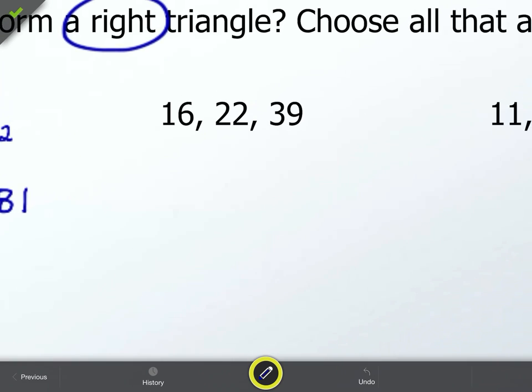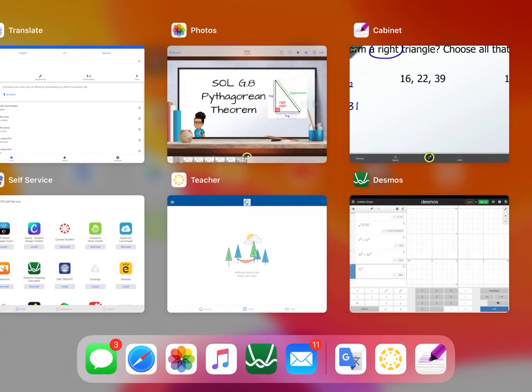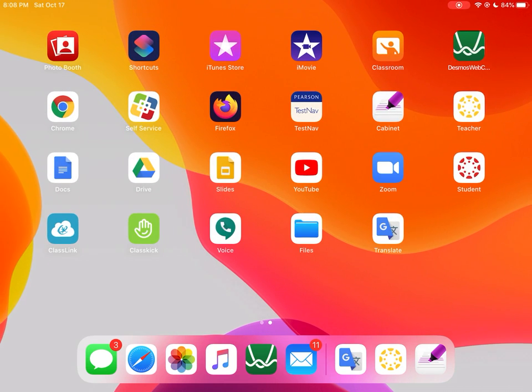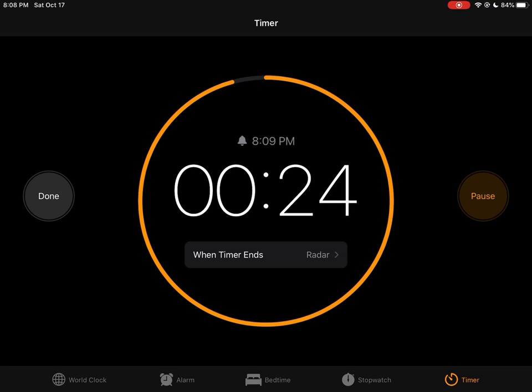All right, so going to give you 30 seconds. You're going to go on the clock to do this one, 16, 22, 39. So you're on the clock. You got 30 seconds. See what you can do. And I'm going to put it at 25 because I said you were on the clock like 5 seconds ago.